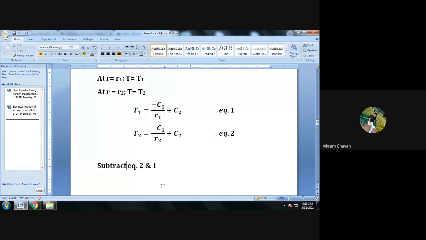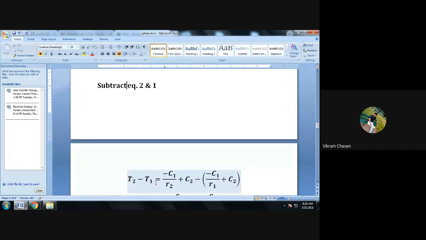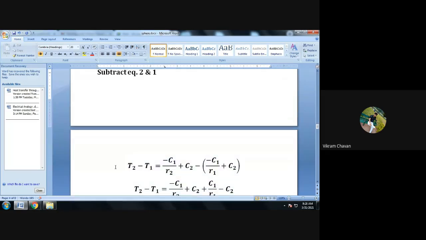So we can say T2 minus T1, subtracting equation 2 and 1. So we'll get the equation after subtraction as T2 minus T1 is equal to minus C1 divided by R2 plus C2.